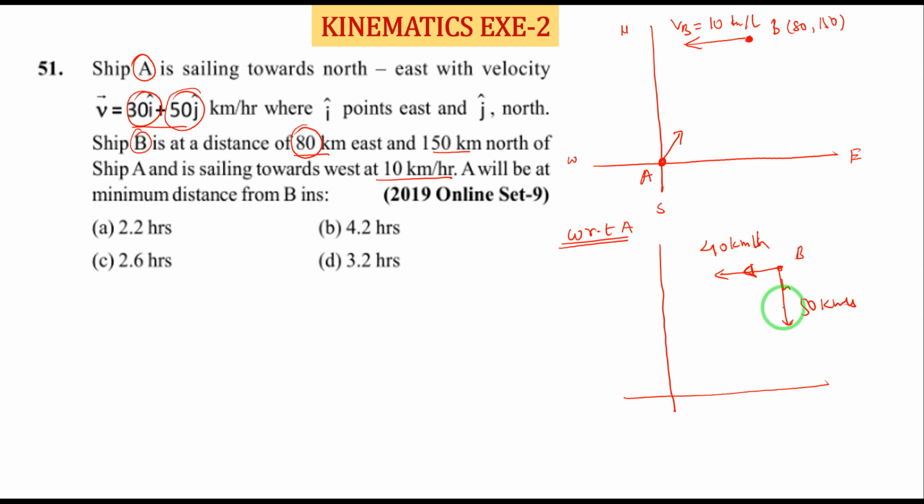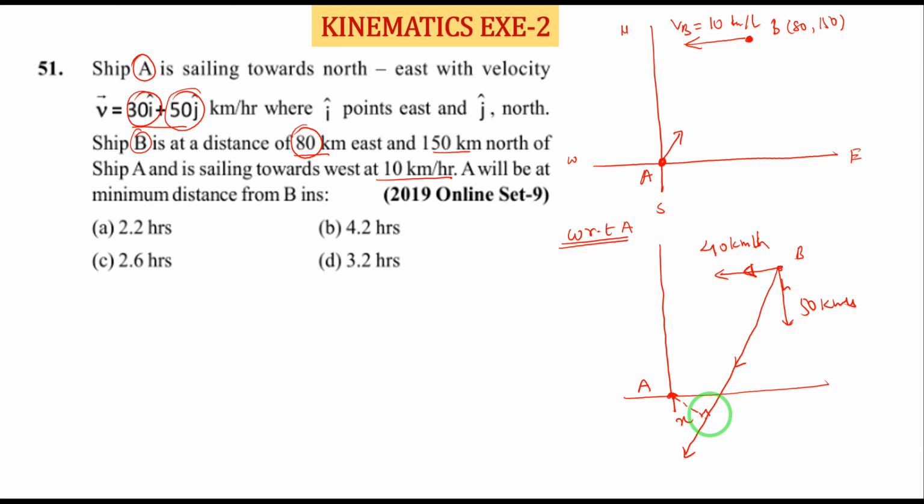And therefore there will be a resultant with which it is going away, and that resultant is somewhat like this. This is the path on which the ship B is moving and A is at the origin resting there. We will draw a perpendicular here. This x is the shortest distance between A and B now.